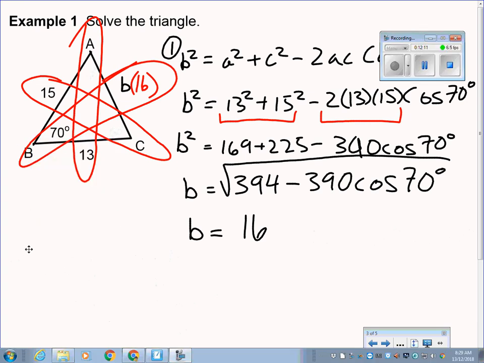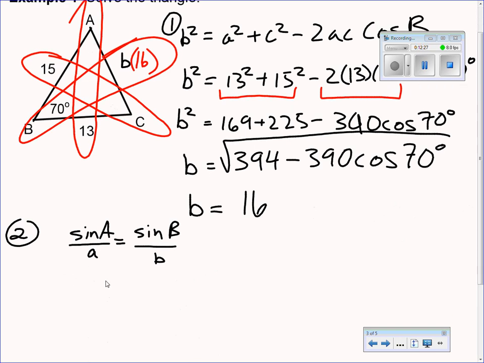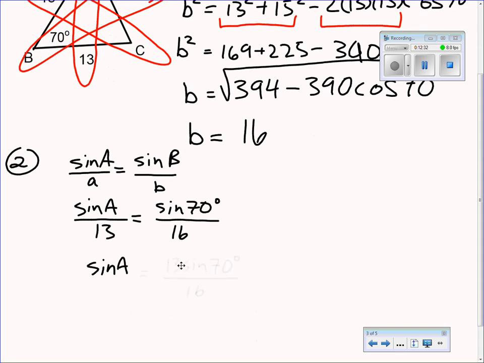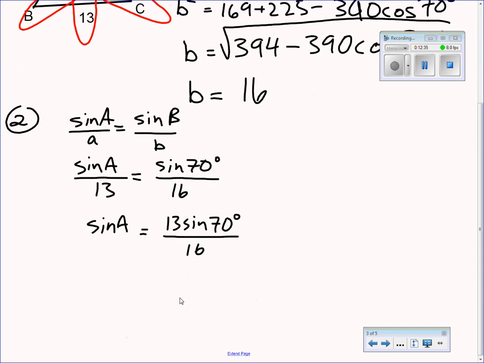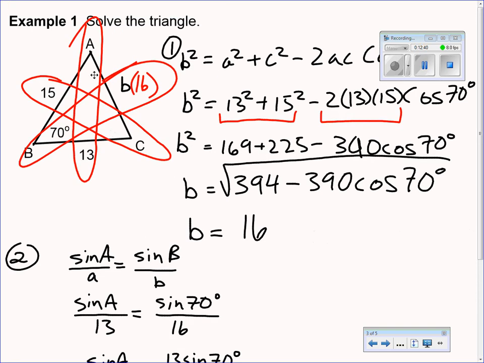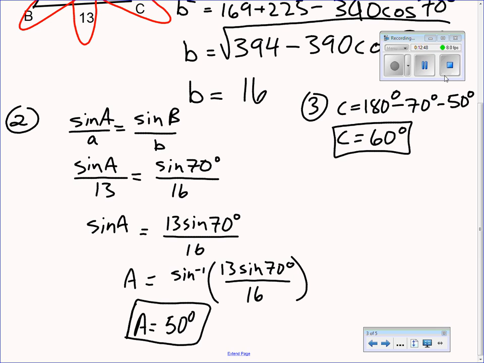So in doing sine law, we start off with sine of B over B, being on the right side, and we're looking for sine of C, sorry, either sine of C or sine of A because we have those sides, and this time we're going to use sine of A. Now, substituting in, you're going to get this, which gives us this, and like before, you solve, and you get 50 degrees, and we'll fit that in. Now that we have that, in order to calculate angle C, we just subtract and we end up with 60.